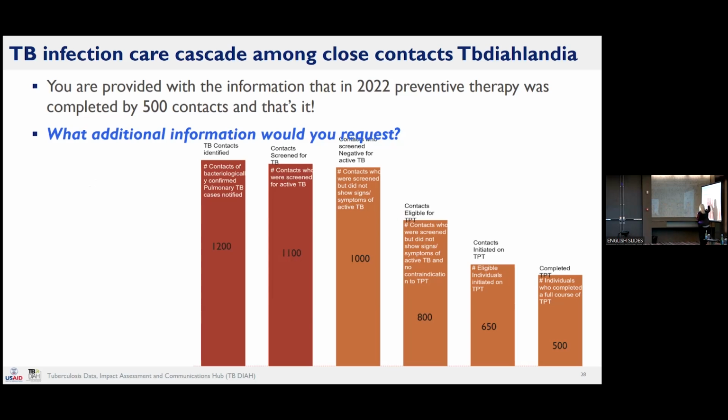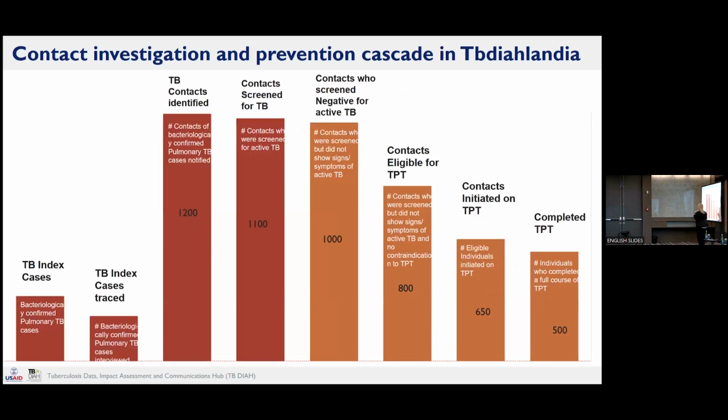Before people undergo TB screening, we should have whom? These are contacts who were revealed, contacts of the patient. Close contacts, so it's a number of contacts, and we see that we had 1,200 of them.